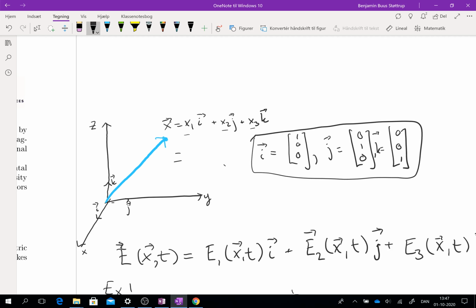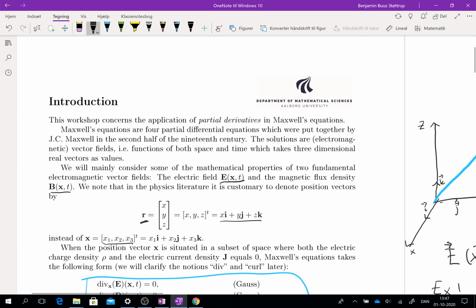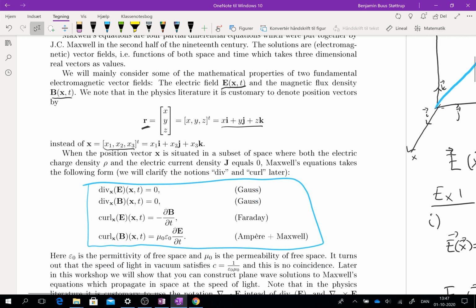So if we want to look at it as a column vector, it's just the same as writing it so. And then our two functions E and B, they are vector fields, which means that you plug in some coordinates.